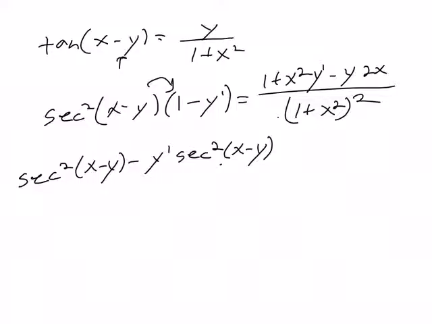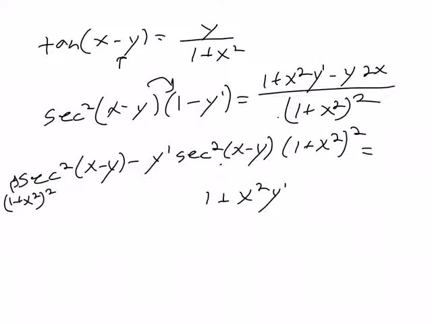So this is going to be times 1 plus x squared, and we're going to multiply this also by that. So this is going to be 1 plus x squared squared. That's multiplying over there. And this is equal to 1 plus x squared y prime minus y 2x.